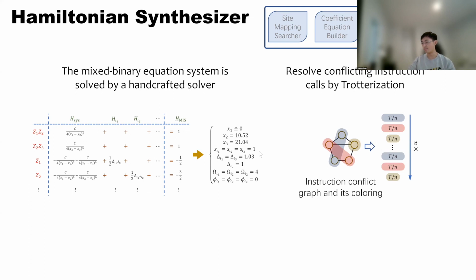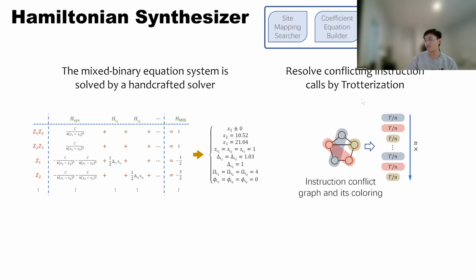Obviously, there will be some conflicts in this description, since several instructions on one signal line may be activated at the same time, while we want the signal line to carry only one instruction at a time. So we need to resolve the conflicting instruction calls activated in this solution.